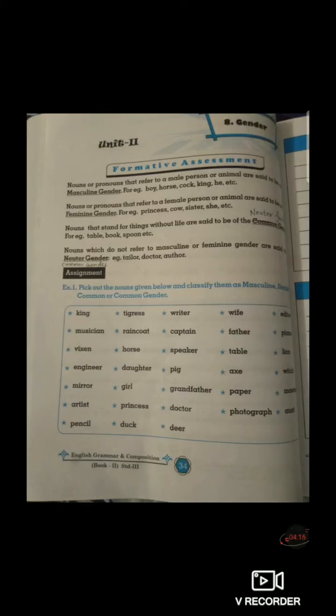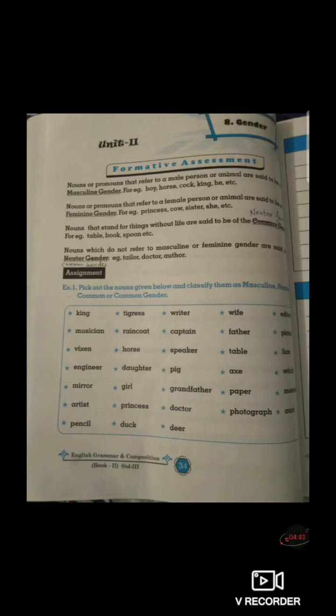So students, everyone understood the first paragraph of page number 34? Yes? Now come to the very first question. Exercise number 1. Pick out the nouns given below and classify them as masculine, feminine, common or neuter gender.